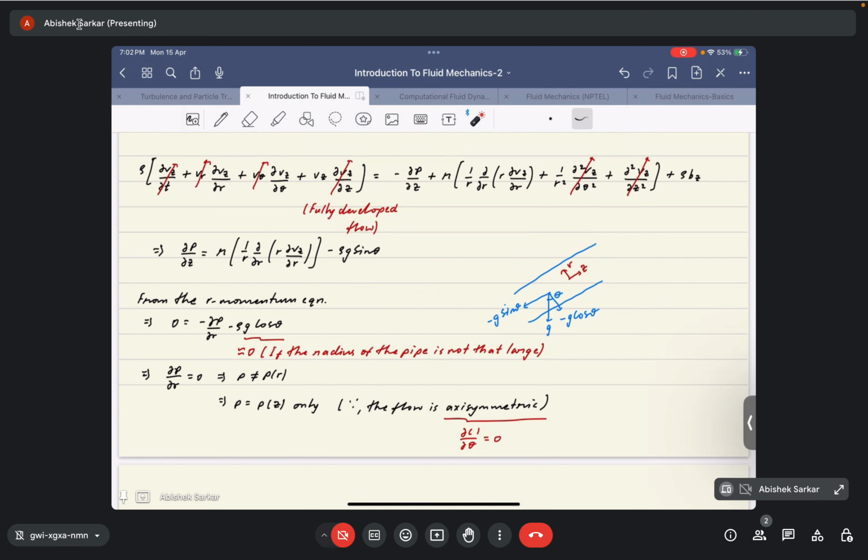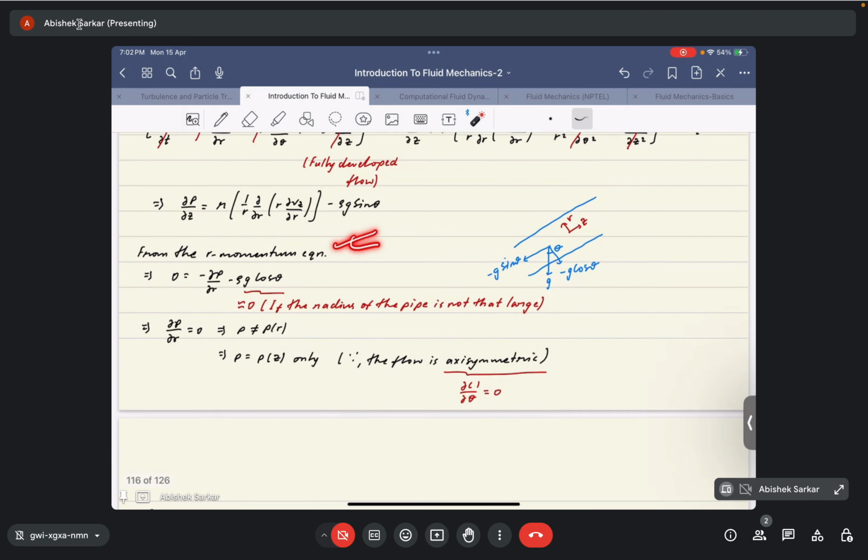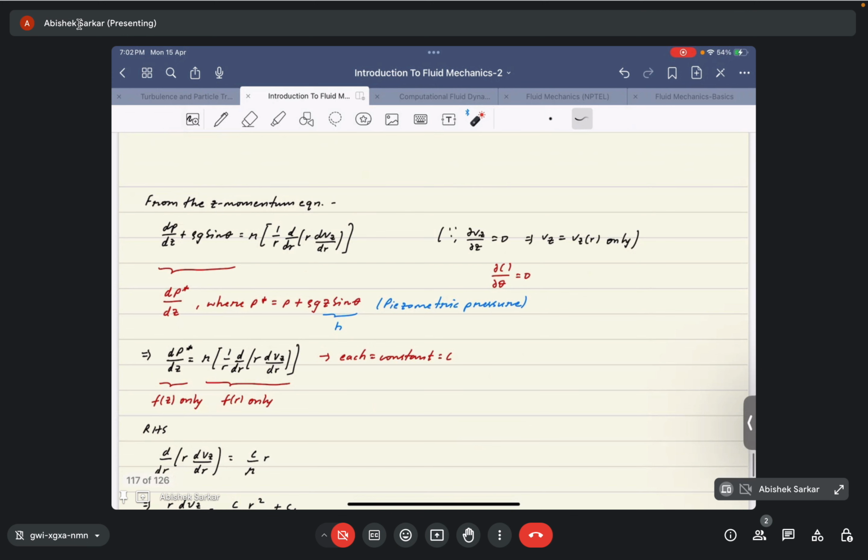So vz is only a function of r. Okay, so this partial derivative can also now be converted into a complete derivative. So once we do that, we can write this z component of the momentum equation as dp by dz plus rho g sin theta is equal to mu 1 by r d by dr of r dvz by dr.